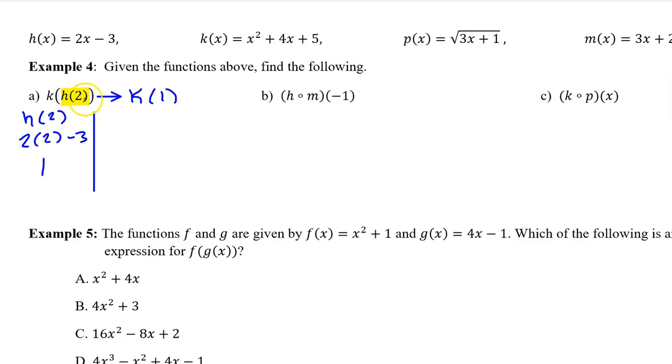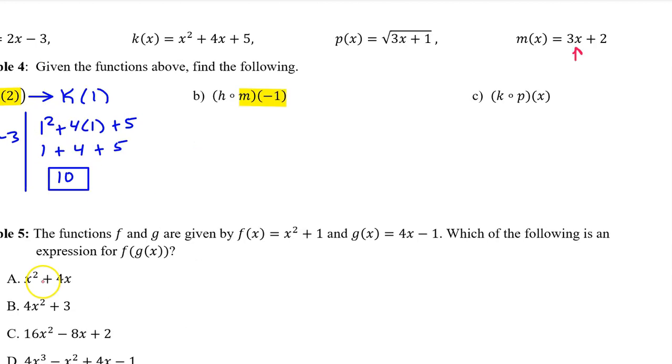So k at h at 2 is k at 1. Plugging 1 into function k gives us 1 squared plus 4 times 1 plus 5. That's 1 plus 4 plus 5, which is 10.